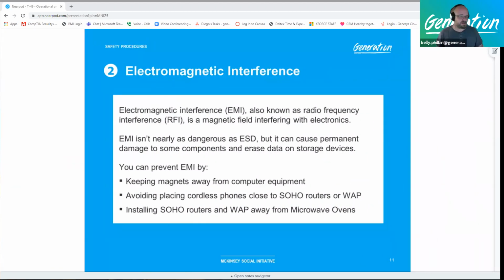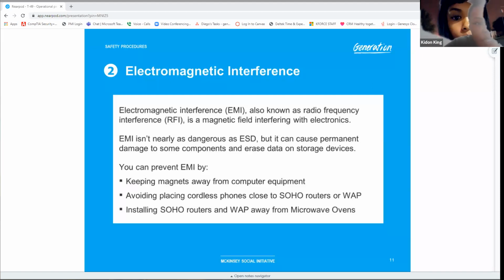All right. Electromagnetic interference, or EMI. Kadon, would you please read for us? Electromagnetic interference, also known as radio frequency interference, is a magnetic field interfering with electronics.